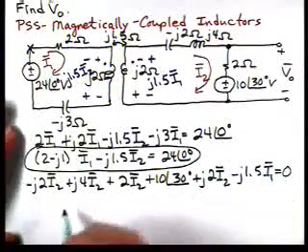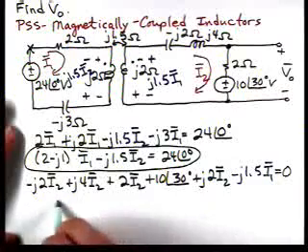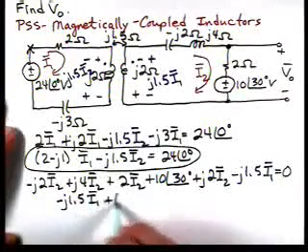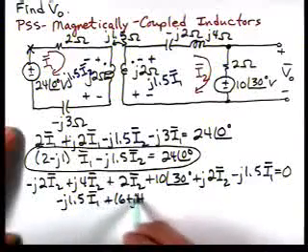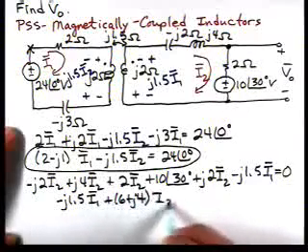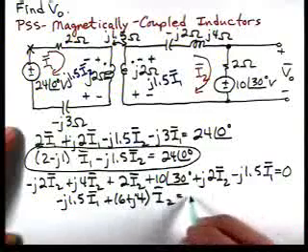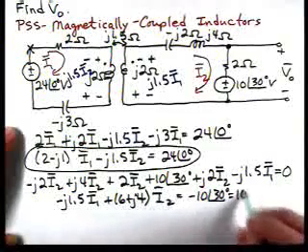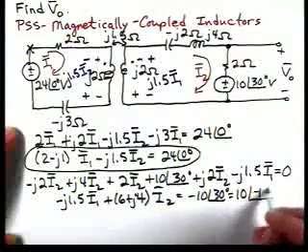Now, if we simplify here, we're going to have minus j1.5 I1 plus 6 plus j4 I2 is equal to minus 10 at an angle of 30, which is 10 at an angle of minus 150.